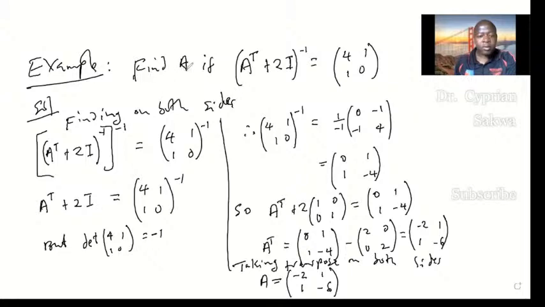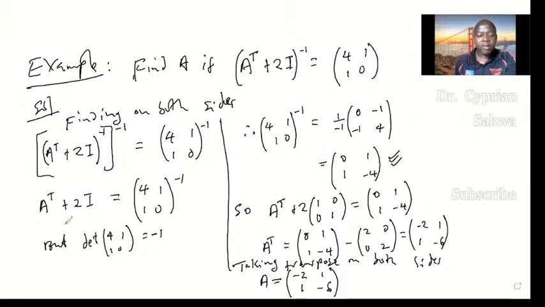Look at how the question was: find A if the inverse of A transpose plus 2I is this. We used our two theorems above. The first theorem we used is that we take the inverse on both sides. The inverse of this will be that, and then we find the inverse of this, which we found to be this.